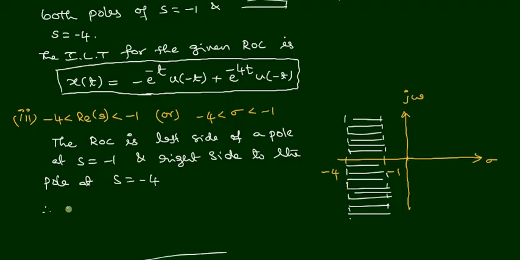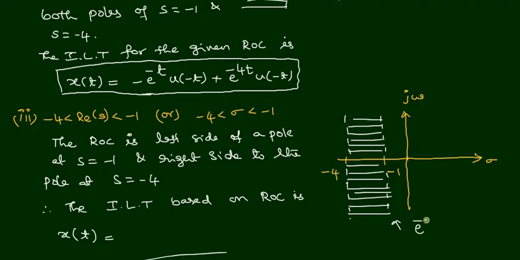Therefore, the inverse Laplace transform based on the given ROC here is x of t equals to, now observe that for minus 1 it is e power minus t u of t. So here we have the normal function e power minus t u of t, but now it is left side to this, so we can change it.